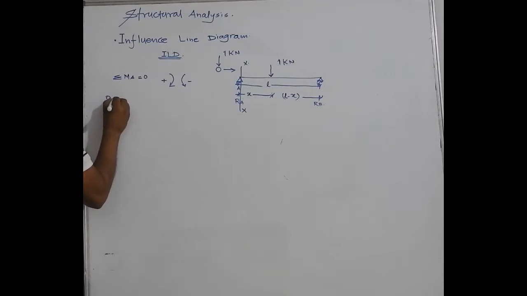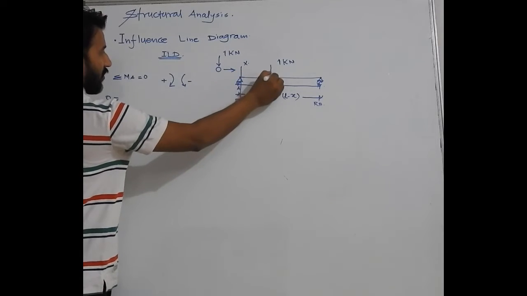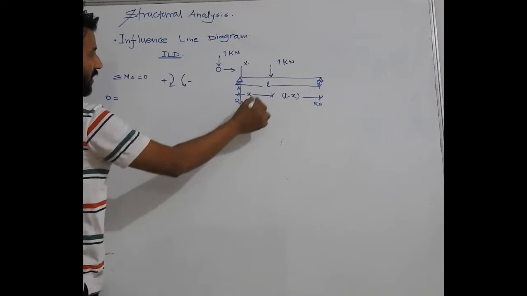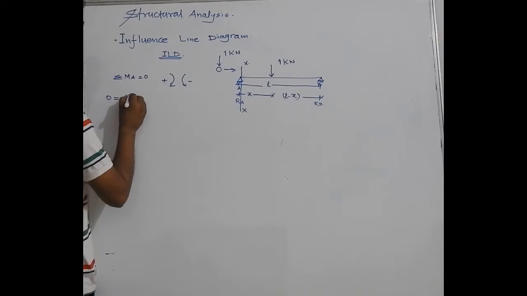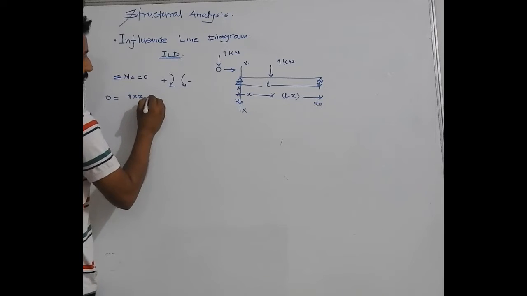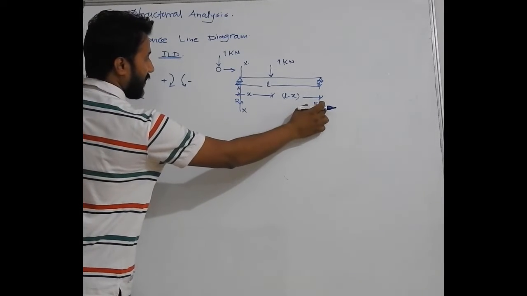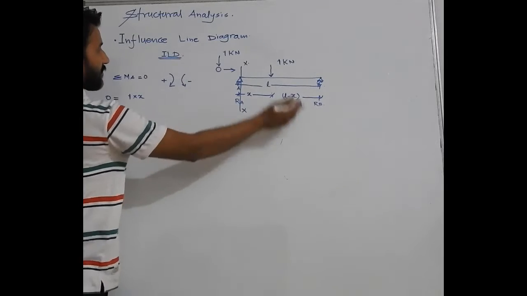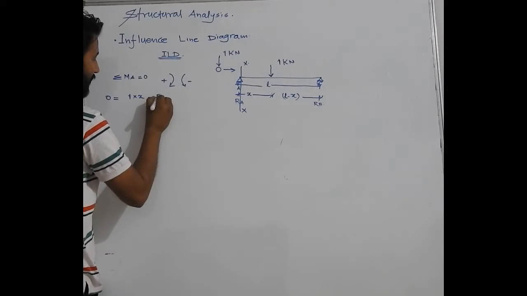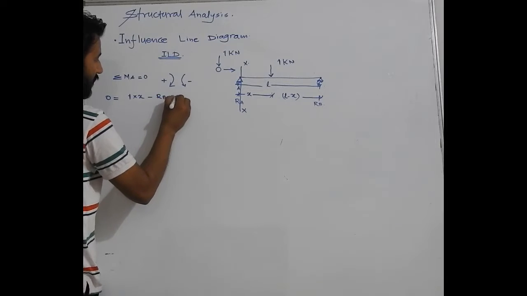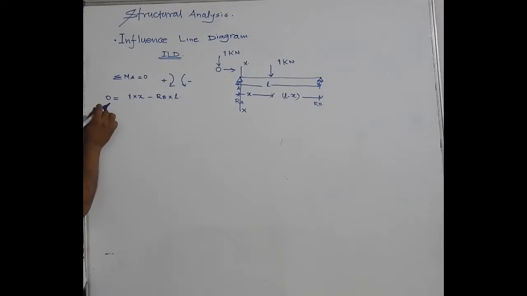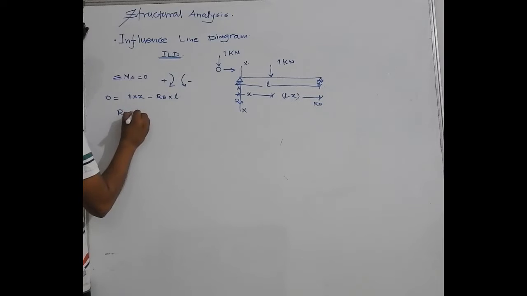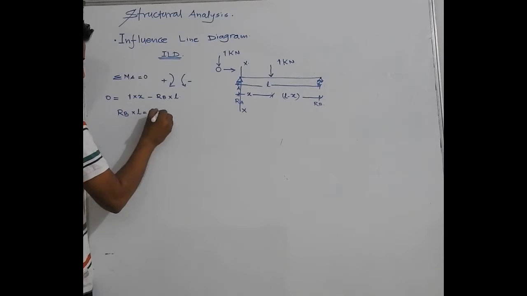So we know that this 1 kilonewton load is rotating in the clockwise direction about A at a distance of x, so this will be 1 into x. The second load is RB, which is rotating in the anti-clockwise direction, so this will be RB into L. This RB into L we will take on the other side of the equal sign, so RB into L is equal to x.